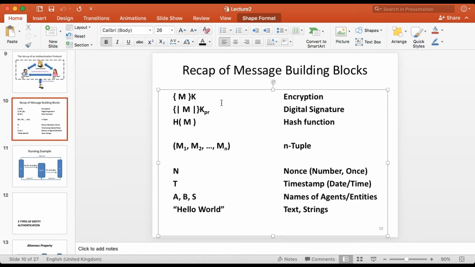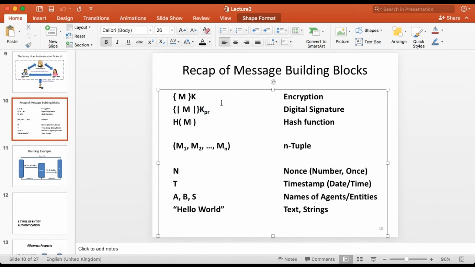A digital signature is written by putting the message M between two curly brackets and a vertical line, followed by some kind of private key, KPR. That implies that the message M has been signed using the private key KPR.